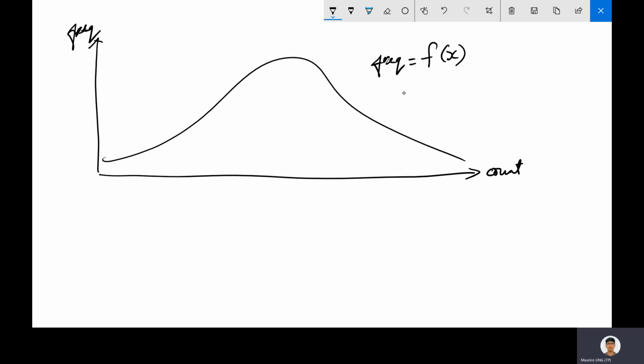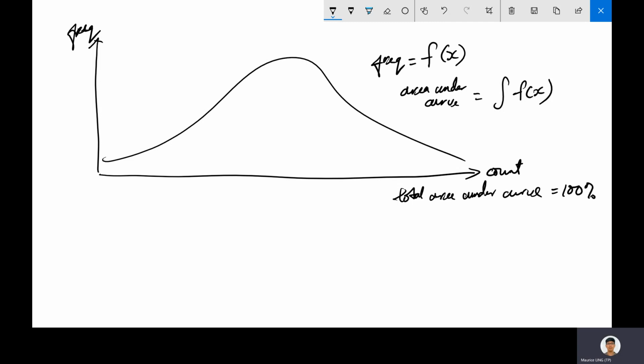So your area under the curve is actually the integration of your f(x) itself. Now, if we say that the total area under the curve, we set it to 100%, that means equals to 1. It means that the area under the curve becomes the probability of something happening. So far, so good.